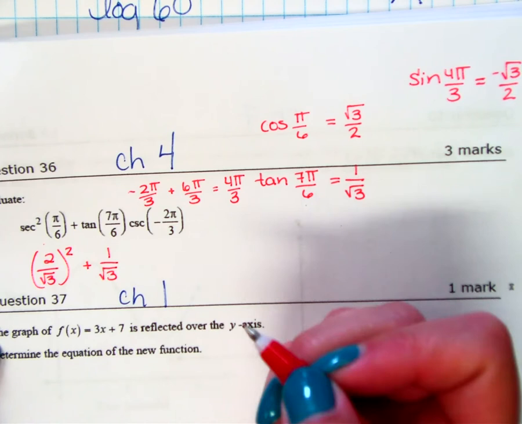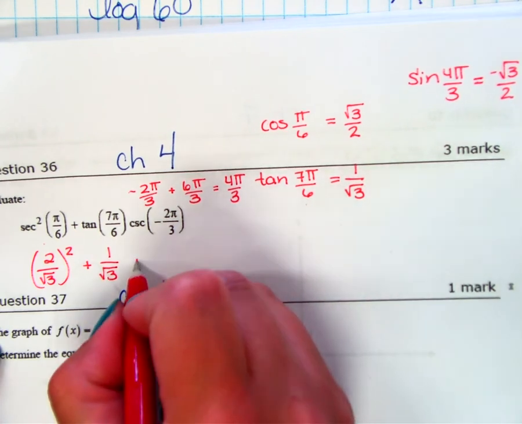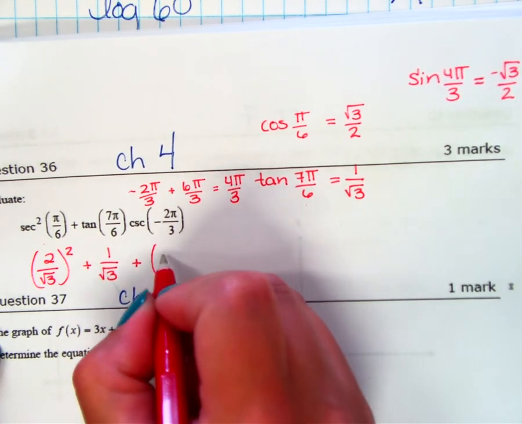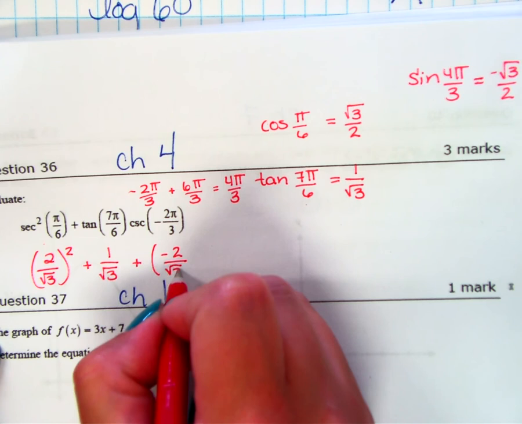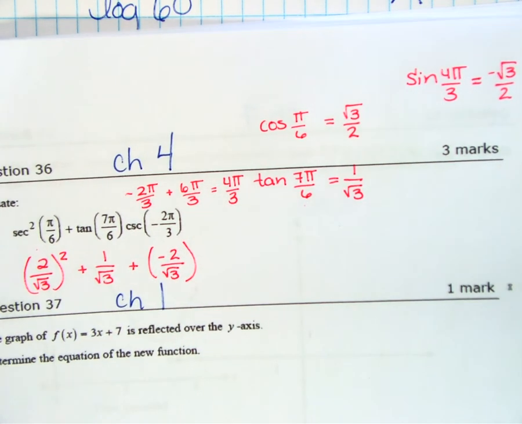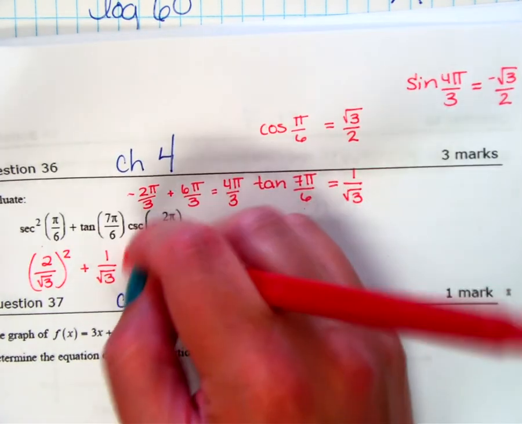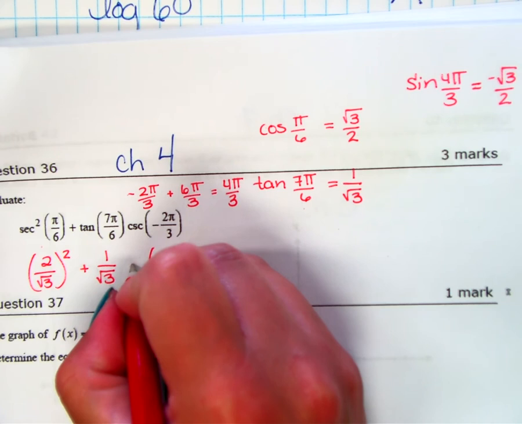Oh, you don't have to rationalize. Nope. Nope. Oh, are they multiplied? Oh, these two are multiplied. Nice catch.